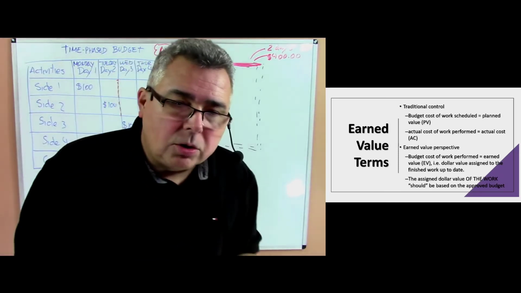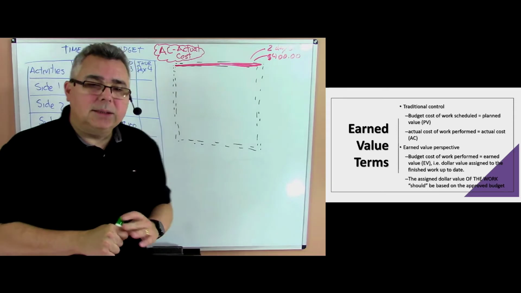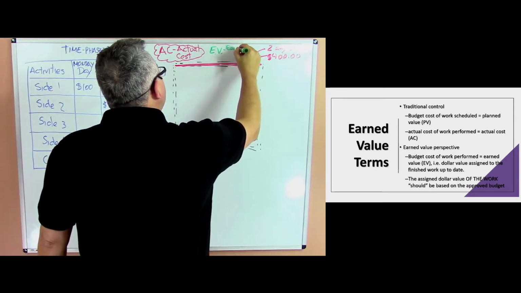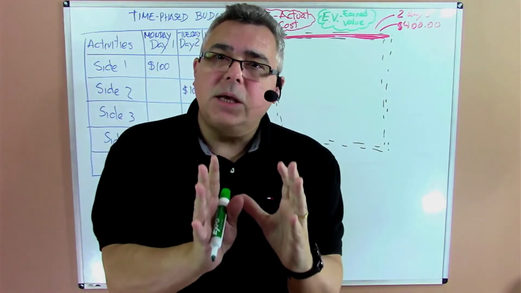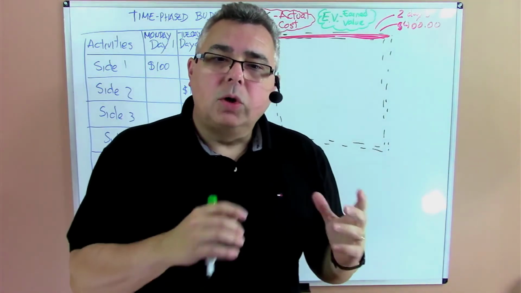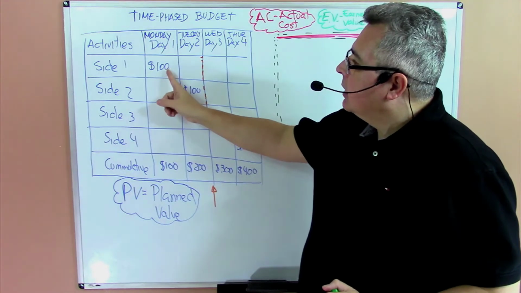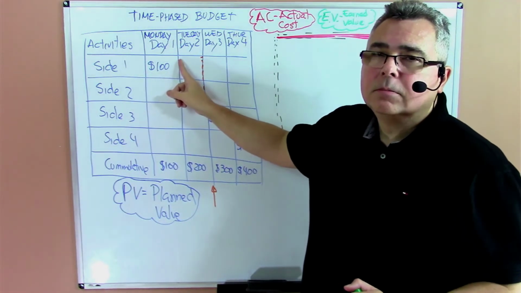And there is another term from the execution that is very important as well. We call that EV, the earned value. That is the amount of work executed in terms of the budget. The budget for task 1, one side of the fence, was $100.